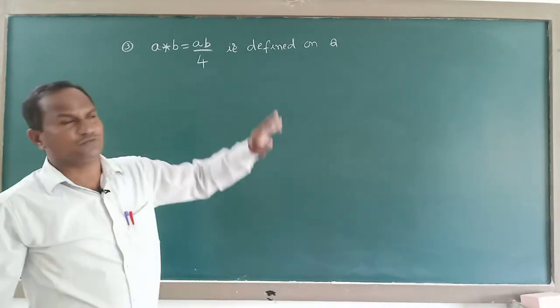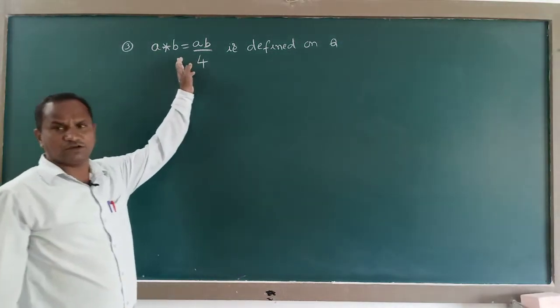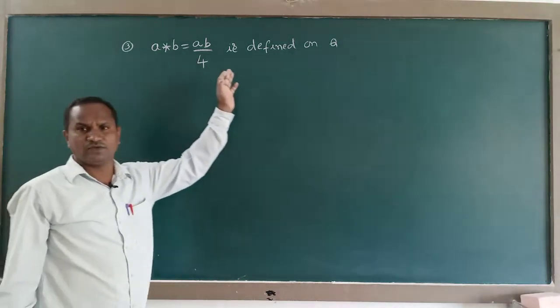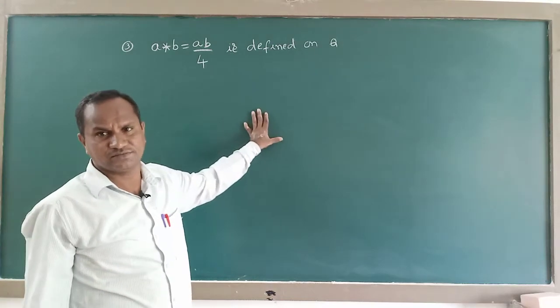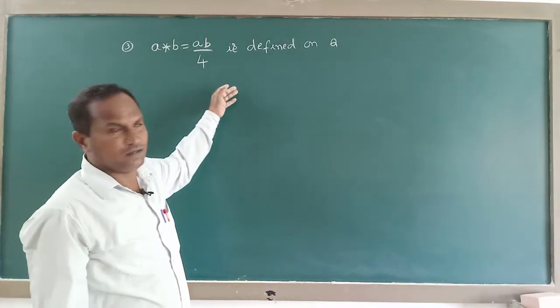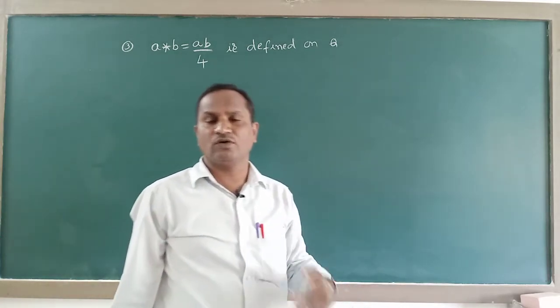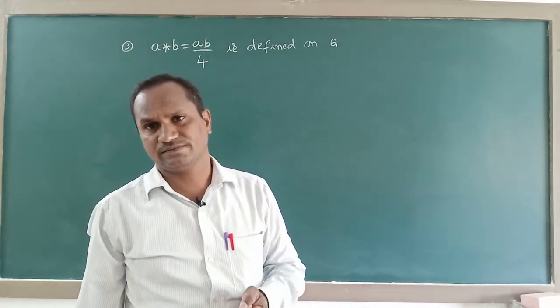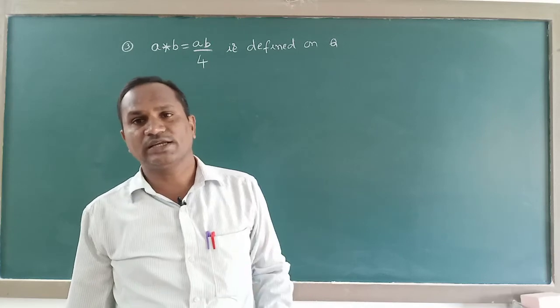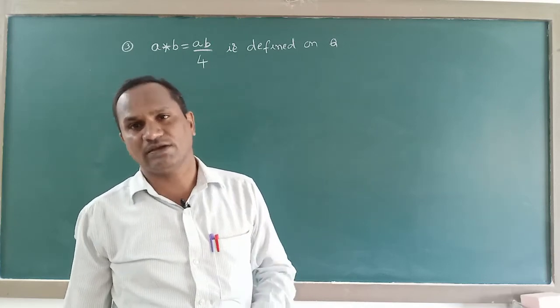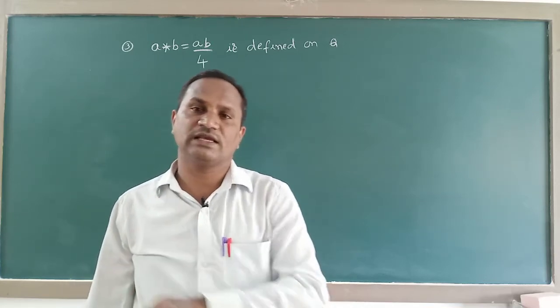At the same time, if you observe, the definition A star B is equal to AB by 4 is always a binary operation. For example, the product of any two rational numbers and dividing by 4 is again a rational number.